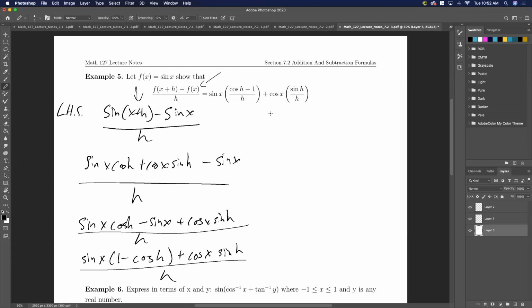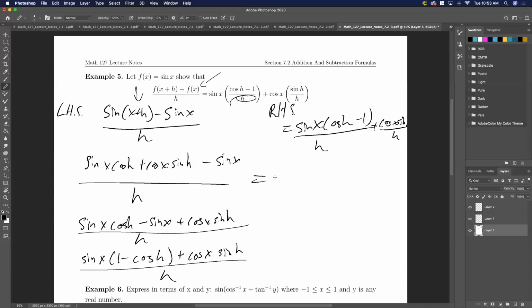And so I'm going to leave this and I'm going to work on the right-hand side for 2 seconds. And all I'm going to do here is distribute this h. That's all I'm doing. So if I distribute this h, I can rewrite this as sine of x cosine of h minus 1 all over h plus cosine of x sine of h all over h.